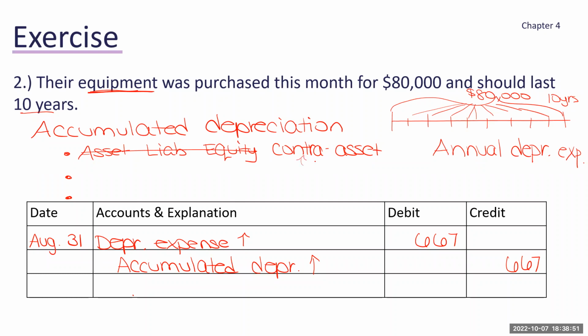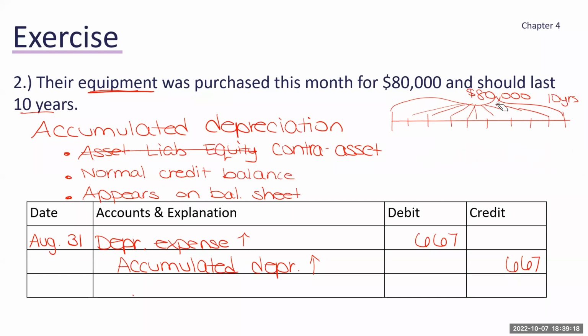It's Latin for opposite, or against. So it's going to have the opposite normal balance. It's going to have a normal credit balance, the opposite of an asset. And it's going to appear on the balance sheet. Why? Because that is where assets appear. And it's always going to stick with that asset.